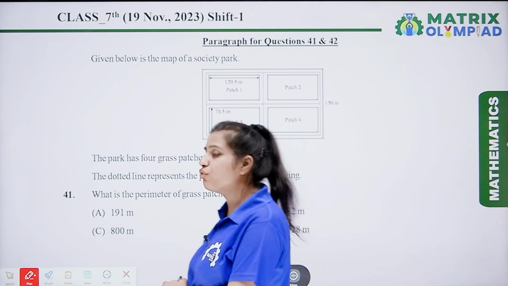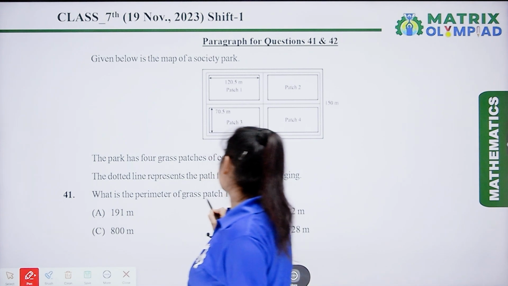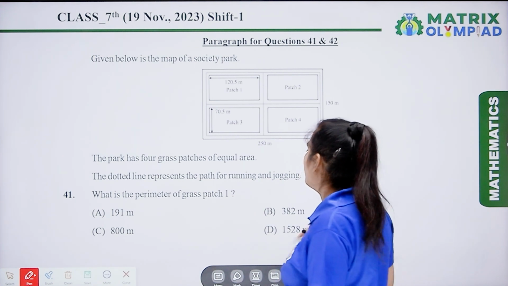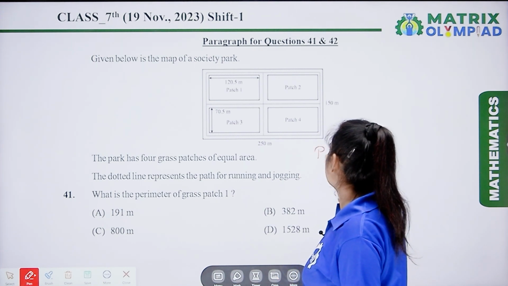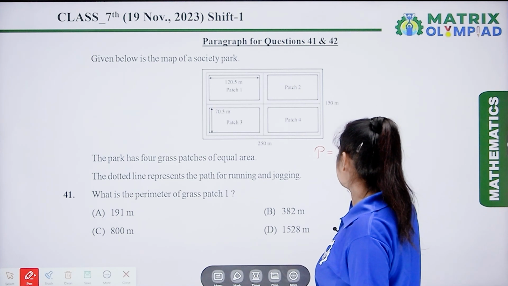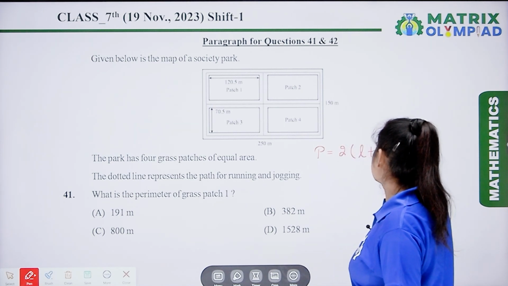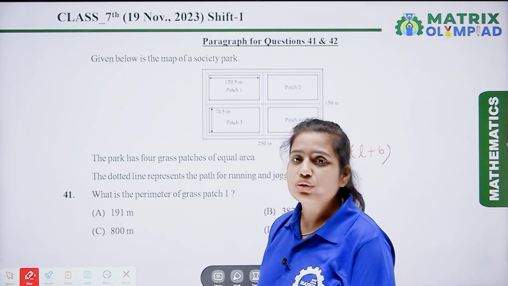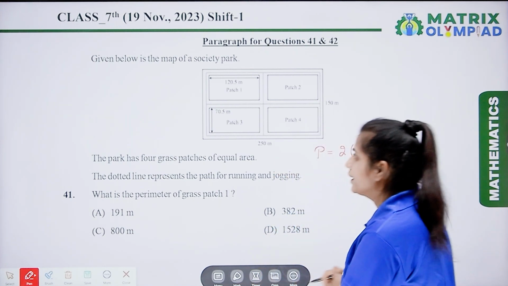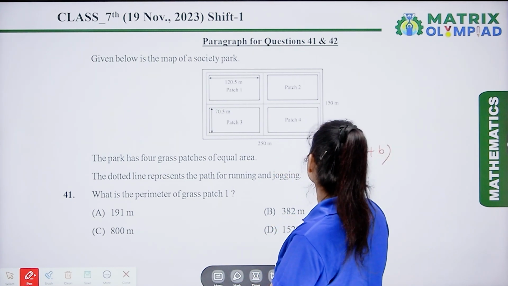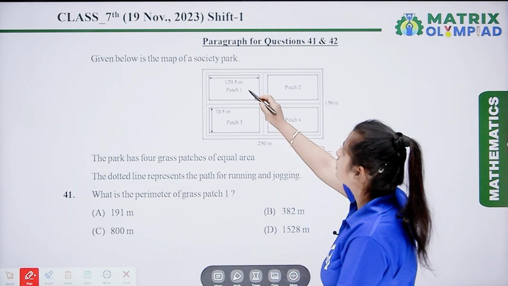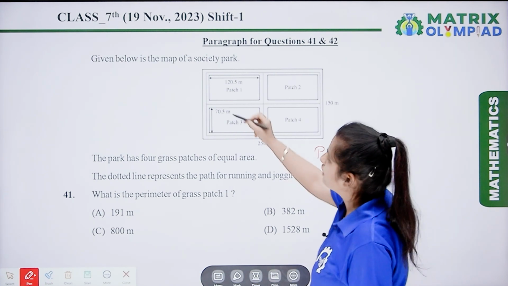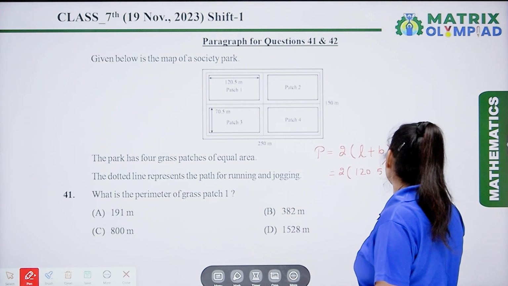So what we have to do in question 41, what is the perimeter of grass patch 1? To find this, we know the formula of perimeter, that is 2 times L plus B, because this grass patch is of rectangular shape, so we are using the formula of a rectangle. Here length is 120.5 plus breadth is 70.5.